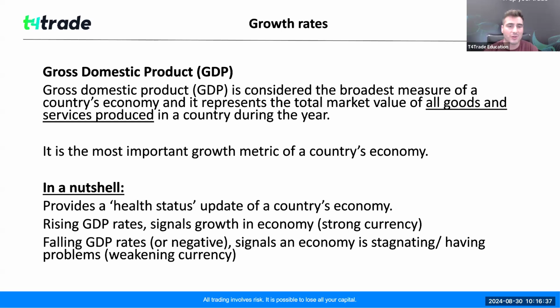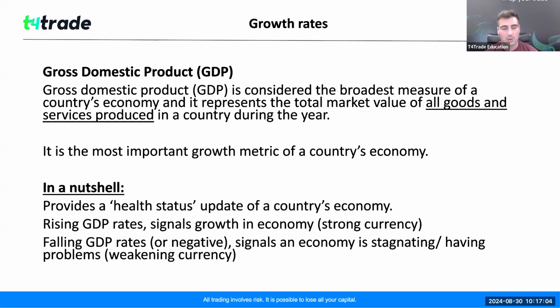You have what we call the GDP metric, and you track over time whether that economy has grown or contracted, depending on the situation. So it is the most important growth metric of a country's economy, and in a nutshell, it provides a health status update of a country's economy. How healthy and how strong an economy is, is presented by the GDP of a nation.